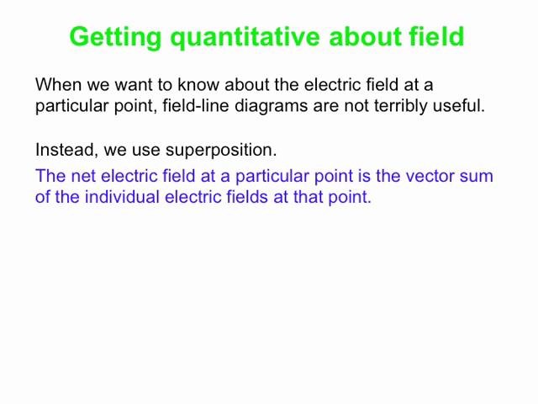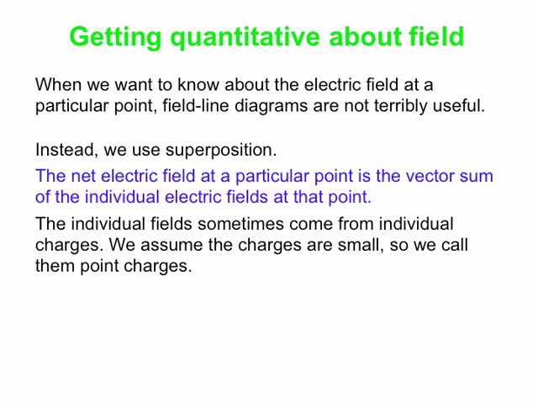And if we had 17 charges, we would figure out 17 individual field vectors, and we add them all up as vectors to find the net field. So it's just vector addition once again, which we have lots of experience doing. So don't get too caught up in the field vector or field line picture. It gives you a very qualitative view of what's going on at various points. But if you want to get quantitative about a particular point, you can often just forget the field line or field vector picture and just do some calculations based on what individual charges are doing.